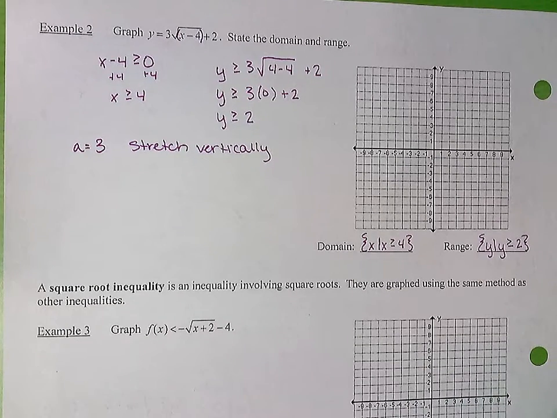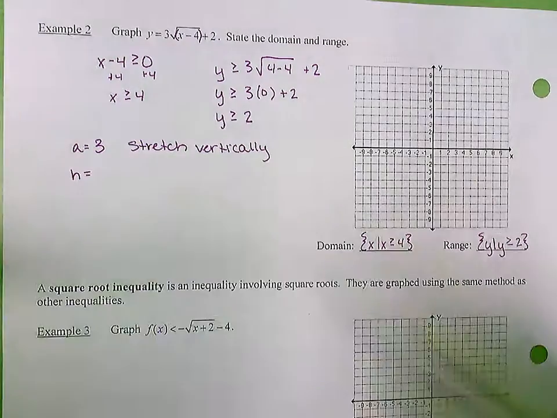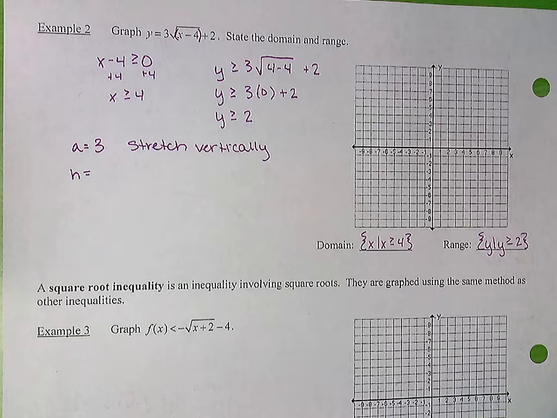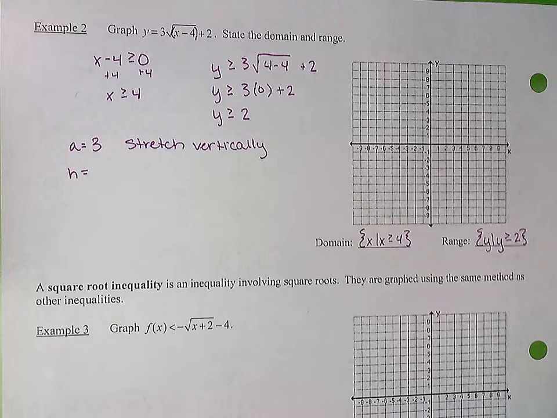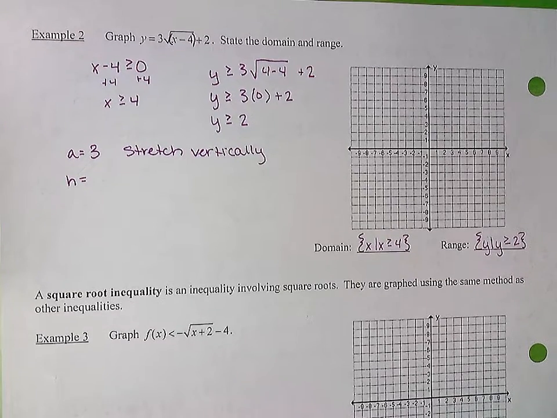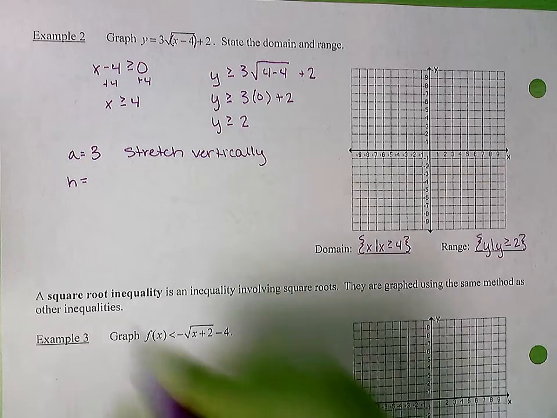Okay, so that 3 stretches the graph vertically. What about H? What is H? What number? Looking at your chart on the bottom on the front, where's H? It's not -4, it's +4.